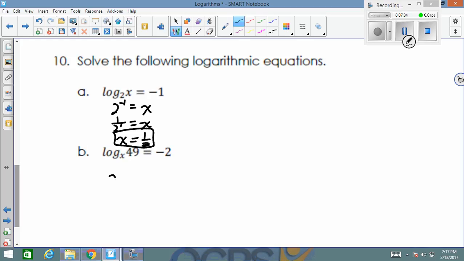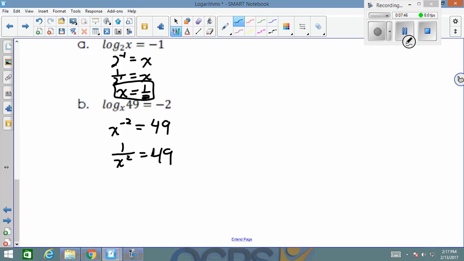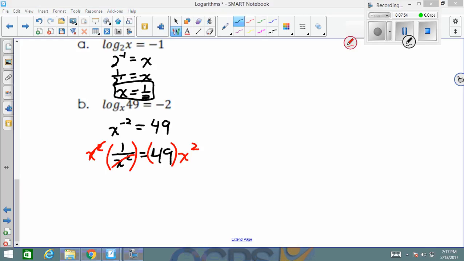The next one, x to the negative 2 is equal to 49. Okay, so that's going to be 1 over x squared, which is equal to 49. We're going to multiply both sides by x squared. Those cancel away, so I get 1 equals 49x squared.